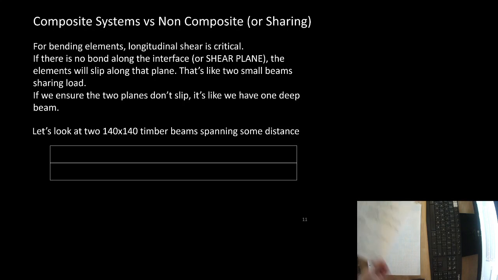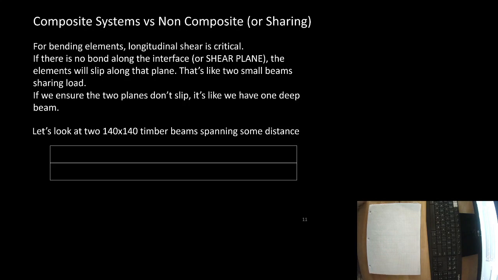So now we want to look at bending for composite versus non-composite. In fact, maybe we'll even do it in compression as well. We want to go through and look at what making something composite does to its capacity.